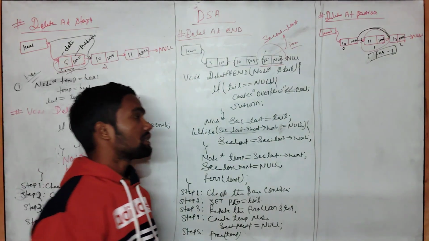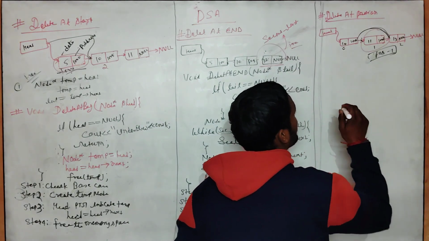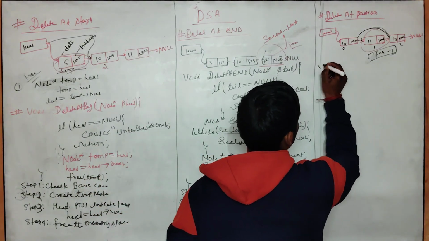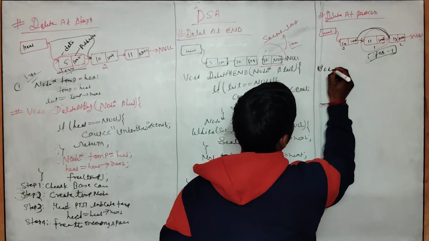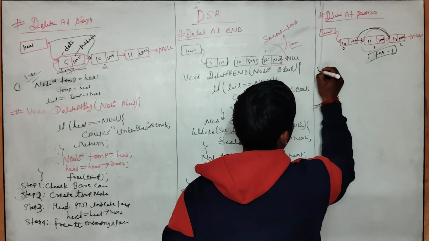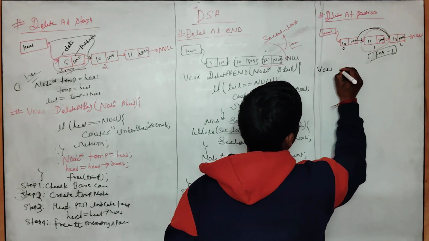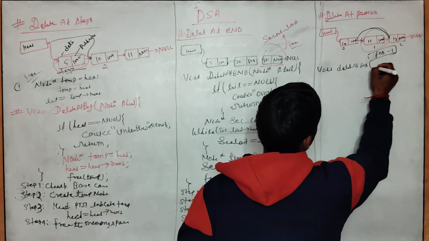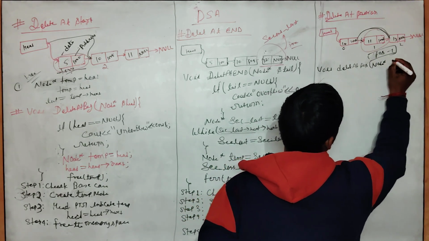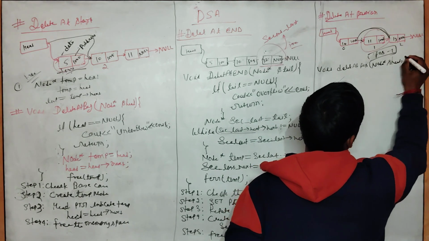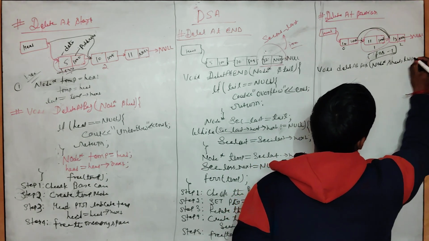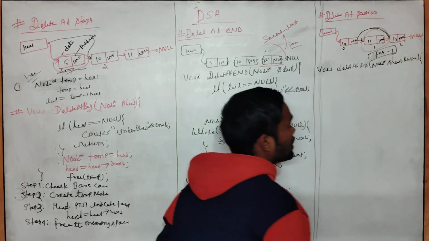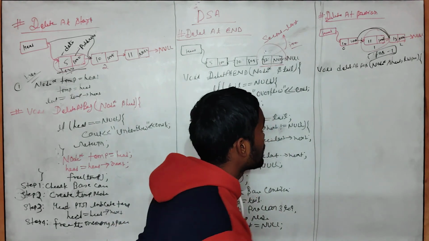Firstly, we need to check one base condition. I'm writing the function void delete at position, with head and int position as parameters.